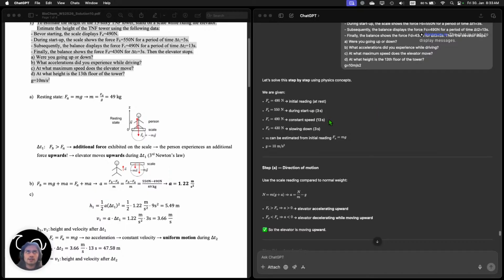Okay, not gonna lie, this part was pretty good. My mind did not come up with the part where if the elevator is moving at a constant speed, then the force acting on the body returns to normal gravity.